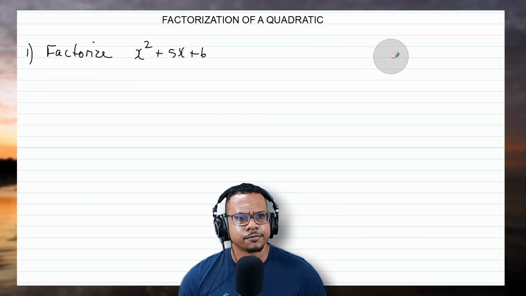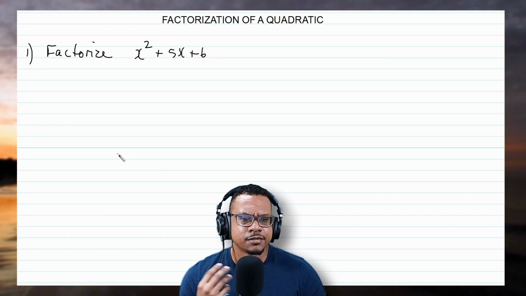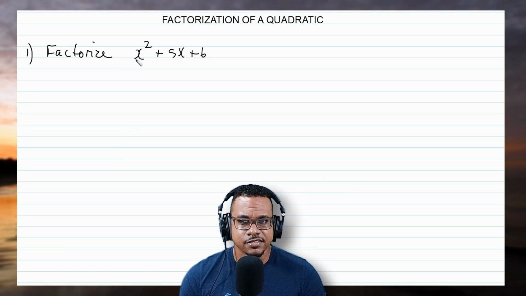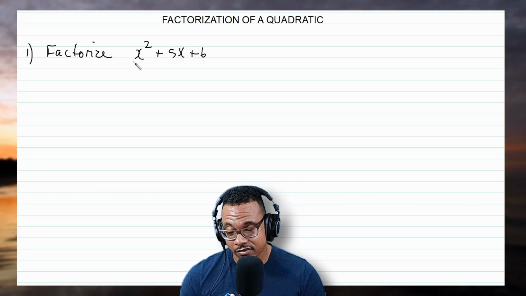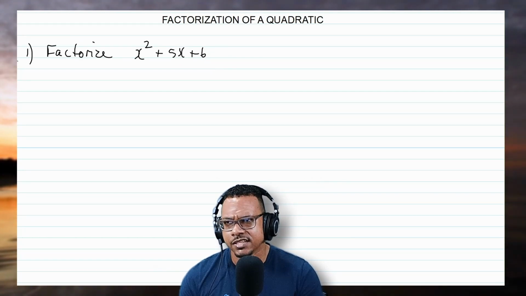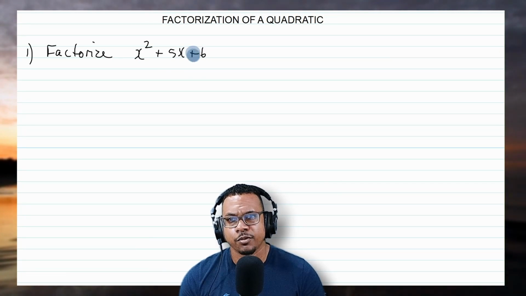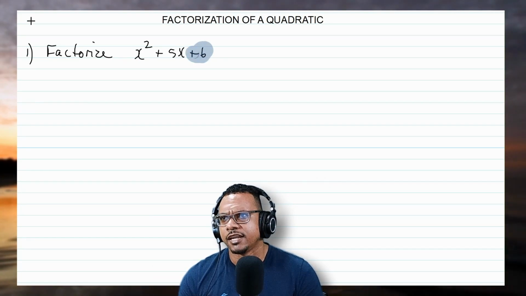Let me erase this. So now, what I can employ here is a simple method, all right? Because the number in front of x squared is 1, only because the number in front of x squared is 1, we could do this method. So I'll just look at the last term, which is 6, and say, okay, what are the factors of 6? All right, so let's highlight this last term that I'm looking at, positive 6.